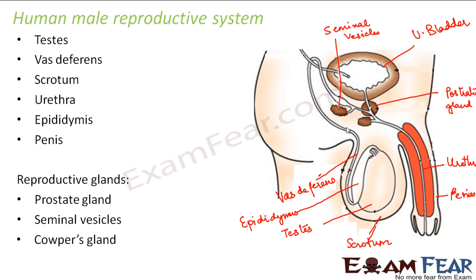And the Cowper's gland. So this is the Cowper's gland. So these are the three glands which also play a role in the reproductive system of male. Now what are their functions, that we will discuss in the next slide. So for now you got an understanding of the structure of human male reproductive system.